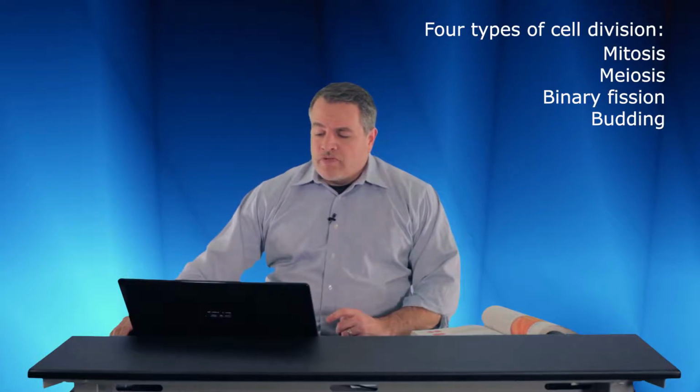It's important to remember, let's think about a single-cell organism. We talked earlier in the year that there's a property of life that all cells replicate themselves, and this is how single-cell organisms make more of themselves. If you have a single cell, that single cell has to do something in order to make more of itself, and what it does is it replicates itself, so it divides in half.